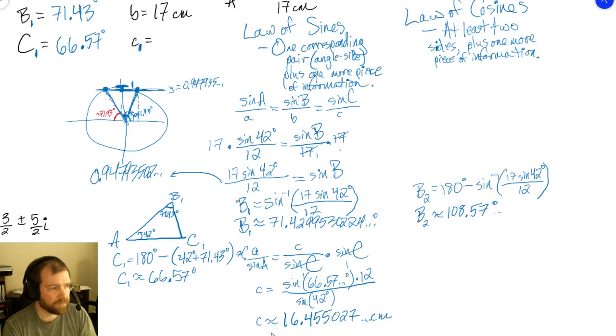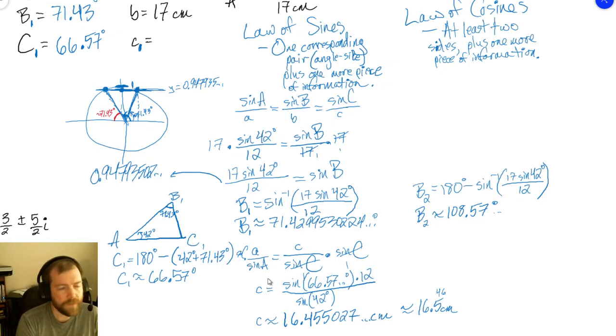This is not likely going to go beyond 1 or maybe 2 decimal places. So it kind of depends on what your instructor's looking for. I would say that this is probably close enough to 16.5 centimeters. We're good with that. So, again, it all depends on your instructor.